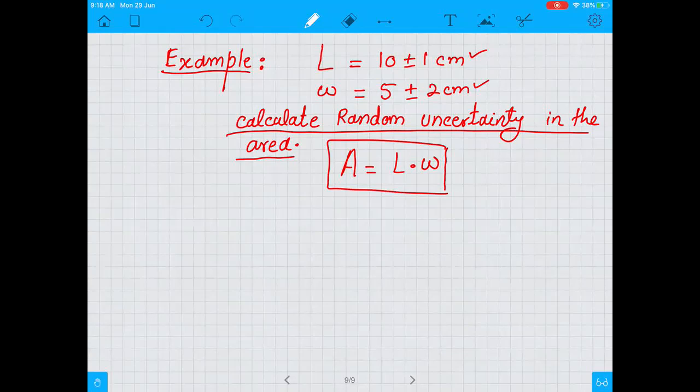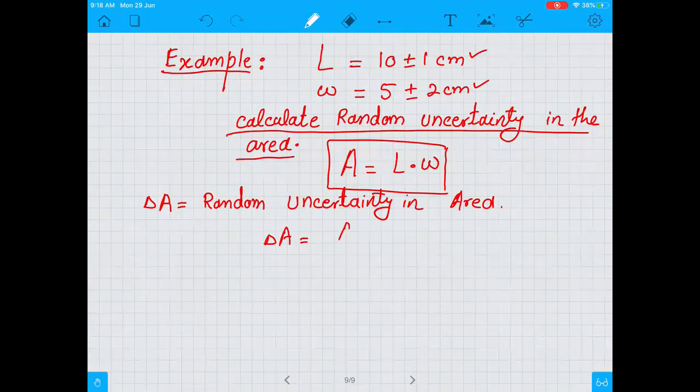To calculate random uncertainty in the area, we will represent random uncertainty by delta A. Delta A is random uncertainty in area. To calculate it, first you need to calculate the maximum possible value of area.